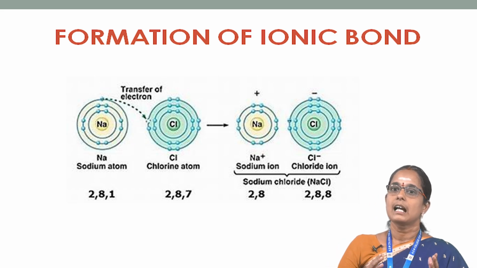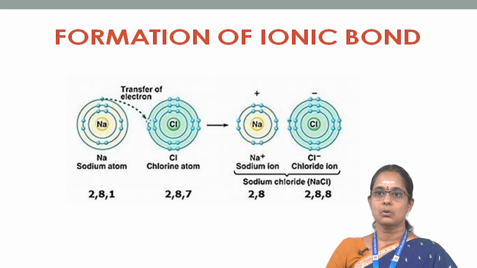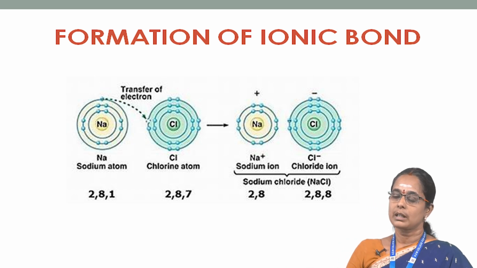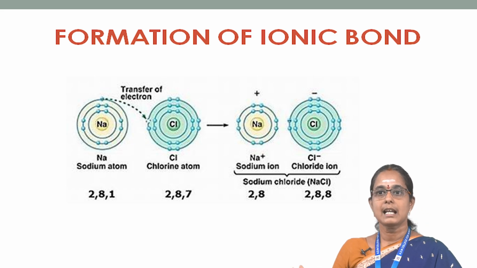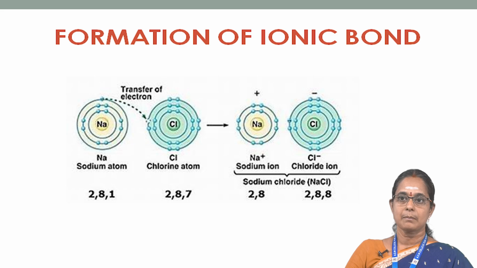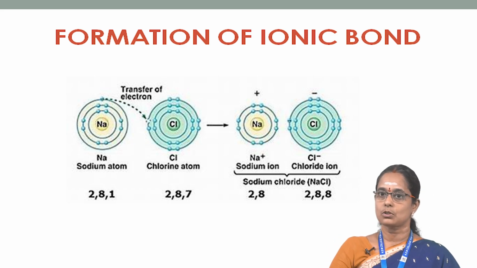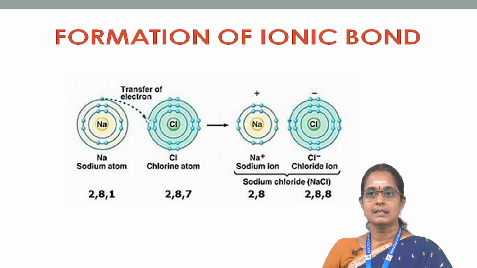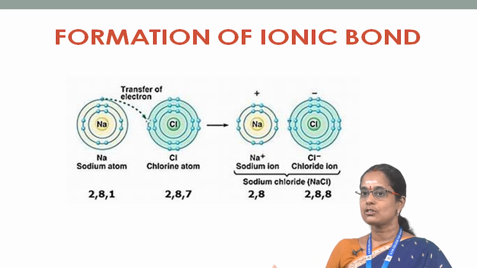So, the sodium atom loses the electron and is converted into the sodium ion, and the chlorine abstracts the electron and is converted into Cl minus. So, in the formation of sodium chloride, Na plus Cl minus, Na plus has the configuration 1s2, 2s2, 2p6. And in chlorine, Cl minus, the configuration is 1s2, 2s2, 2p6, 3s2, 3p6.